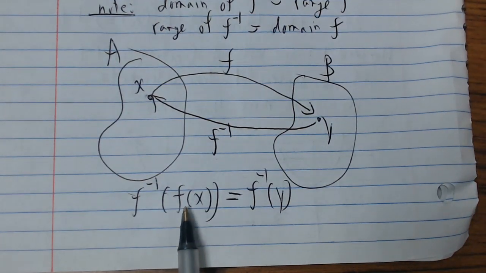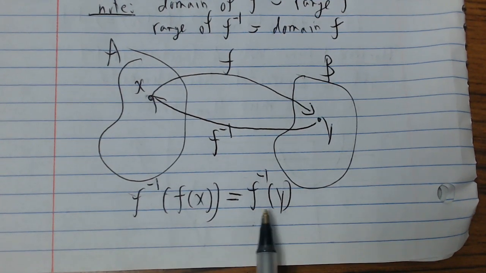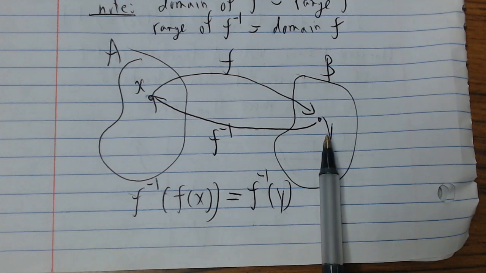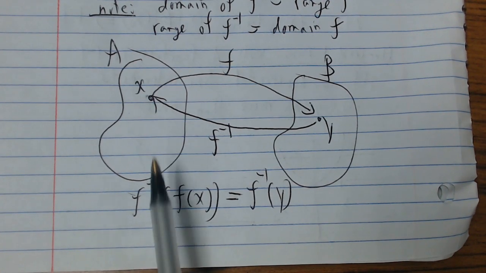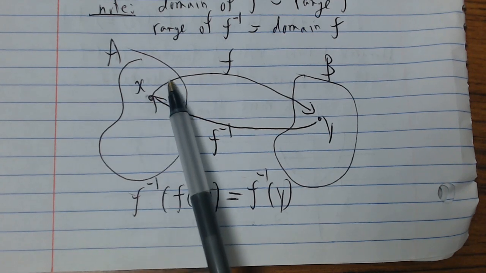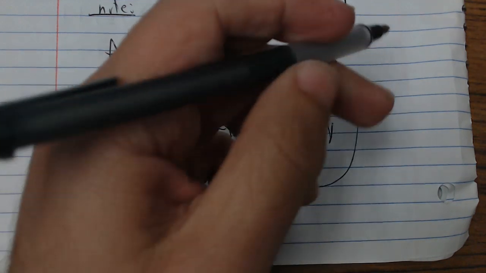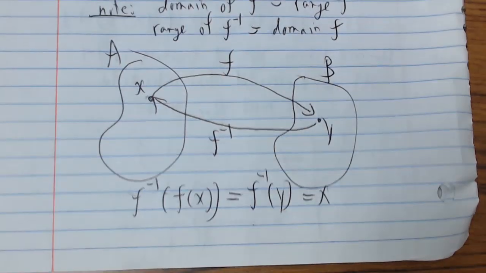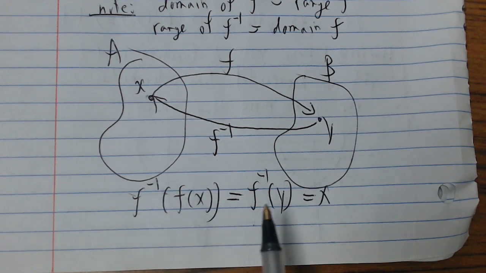All I did is say that f of x takes me to y. And look at what happens now: f inverse of y takes me back to x. So wherever f of x takes me, f inverse takes me back to x. That's why we can say that f inverse of f of x equals x.